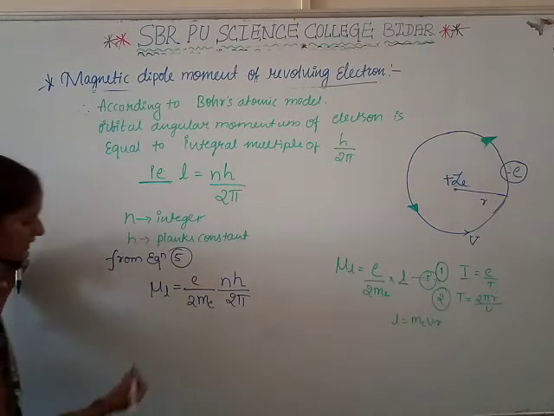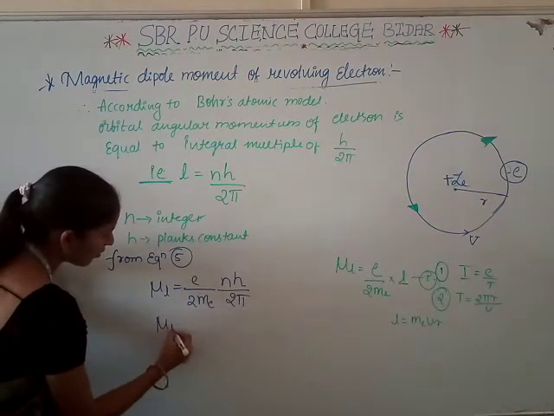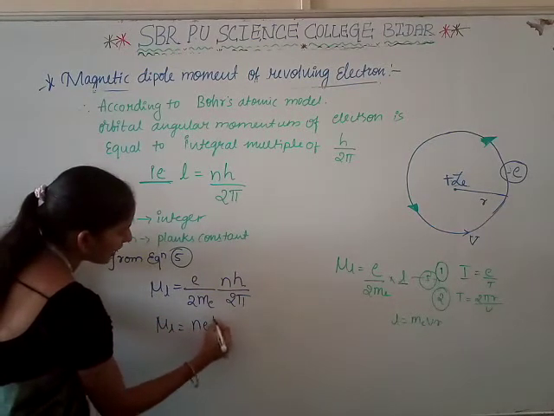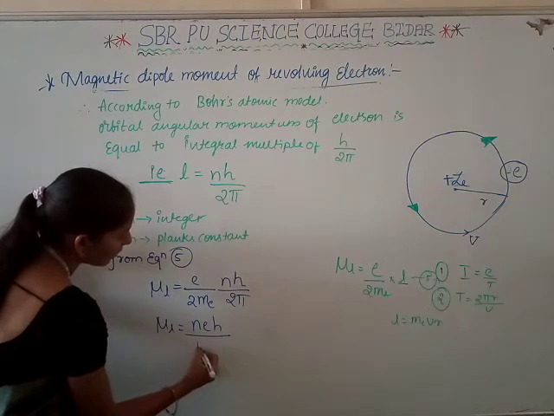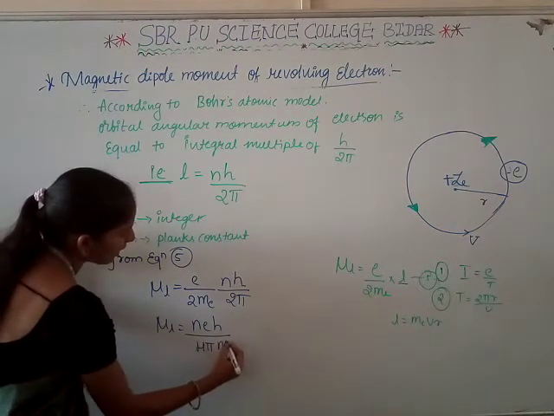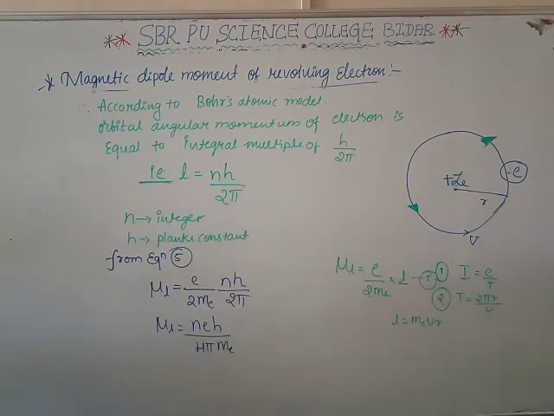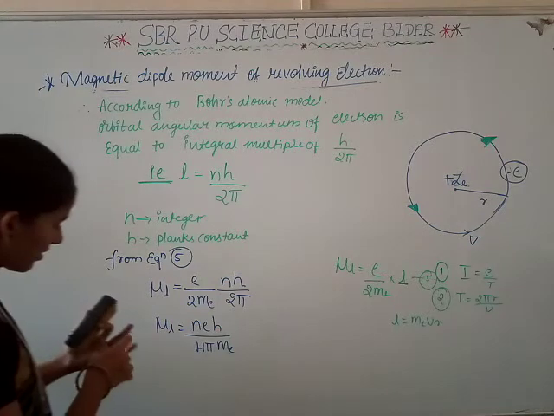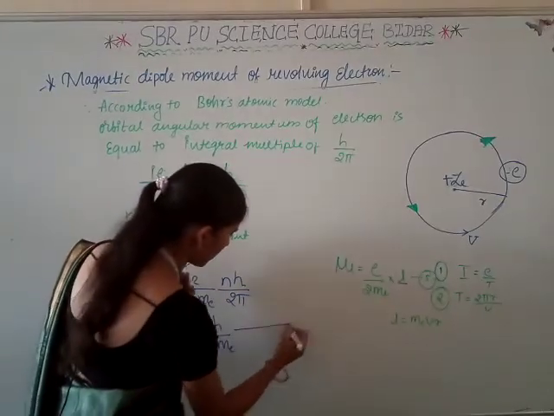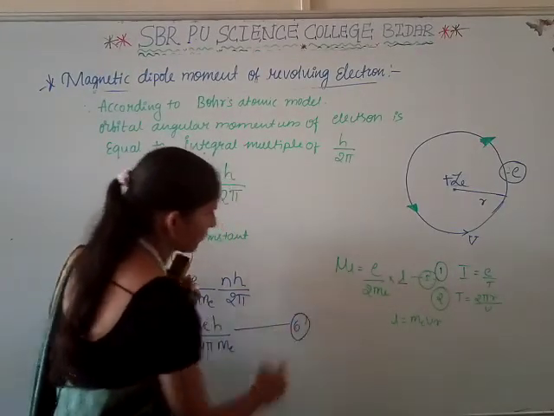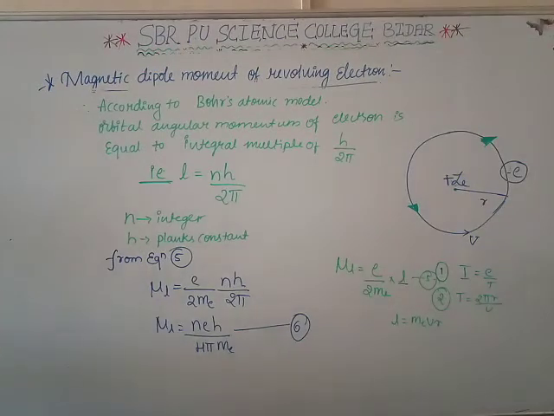Now we can write μL is equal to n e h divided by 4π me. Consider this as equation 6.